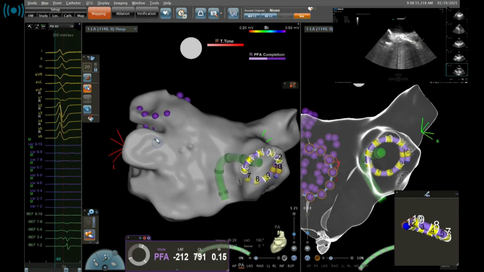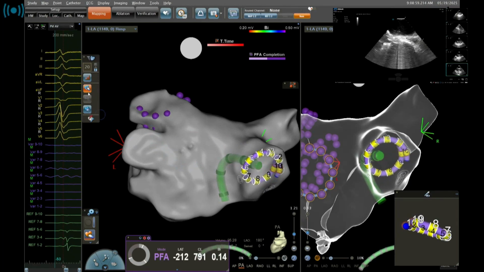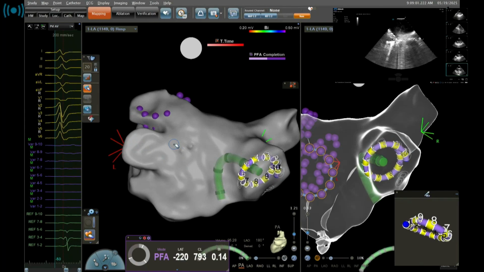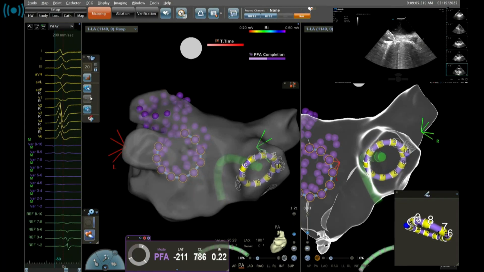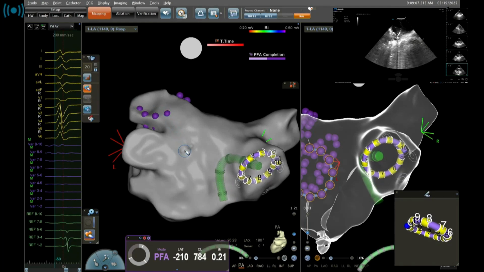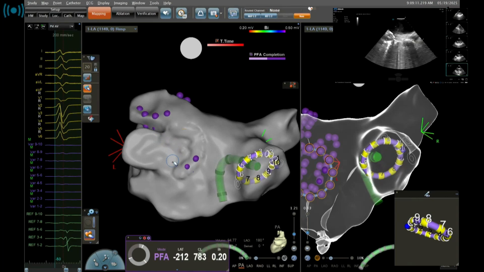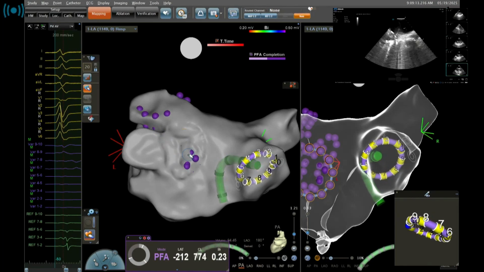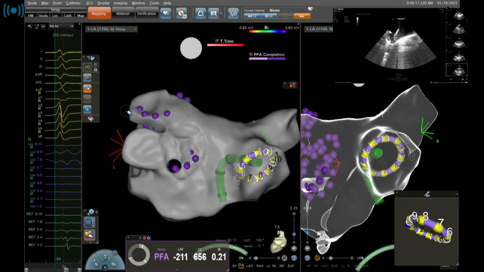My experience with this technology is that once you maximally close the circle, it becomes stiffer, and sometimes more difficult to manipulate inside the ostium, like the inferior vein. But we are lucky, Joseph, because this inferior vein is big enough.